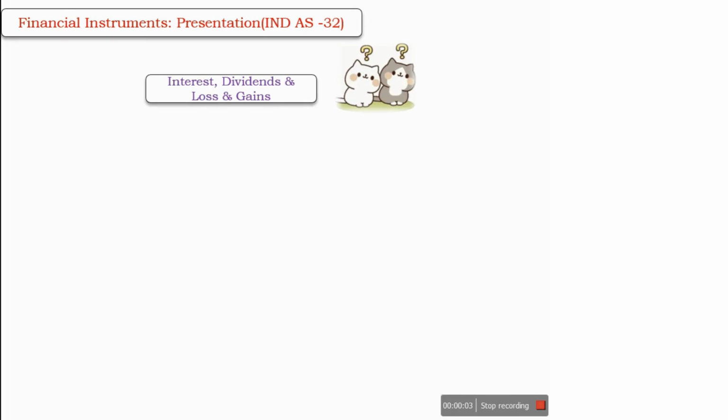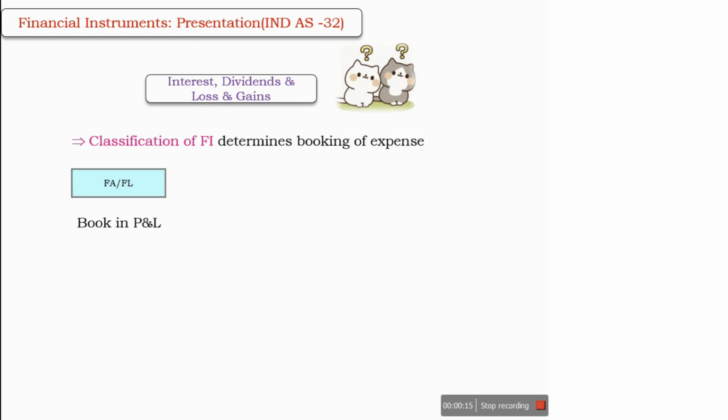Transactions related to interest, dividends, losses and gains related to financial instruments will be booked based on the classification of the financial instrument. If the financial instrument is related to a financial asset or financial liability, it will be booked in the P&L account, and if the financial instrument is related to an equity instrument, the expenses will be booked in equity.